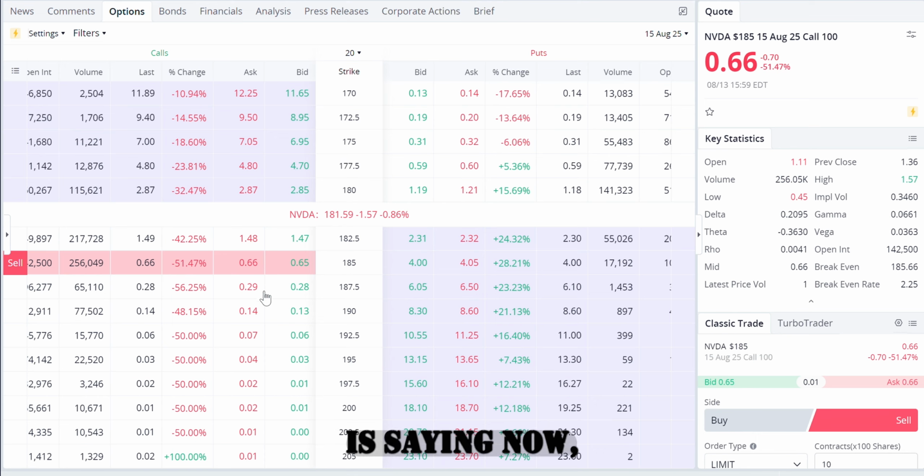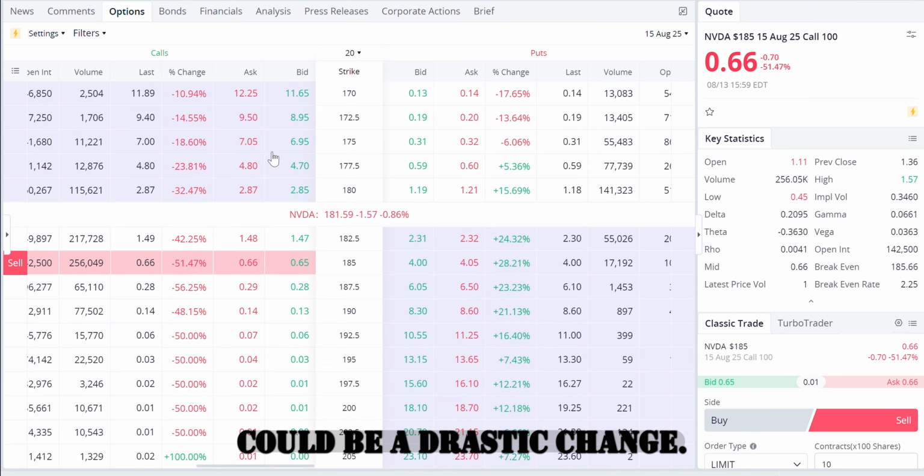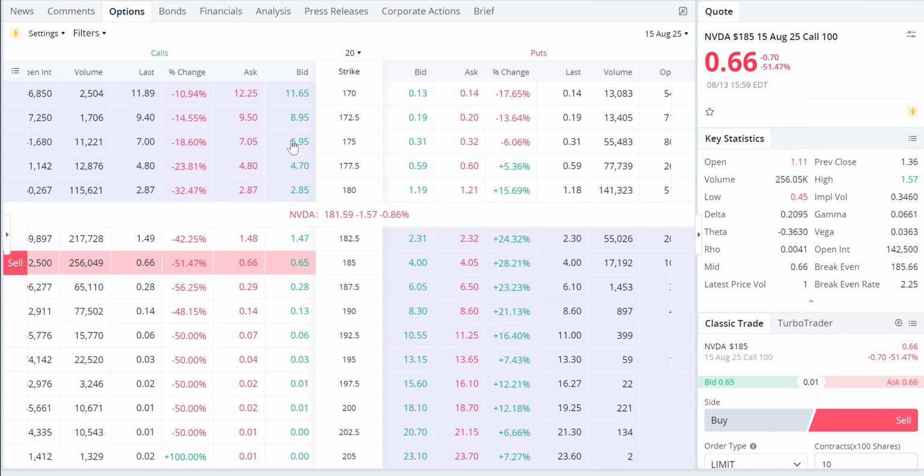Now, sometimes the bid and ask can be a drastic change. Let's go look up here. So they're asking $705 for this 175 call contract. But if you wanted to sell it immediately, you can only sell it for $695, losing an immediate $10, right?